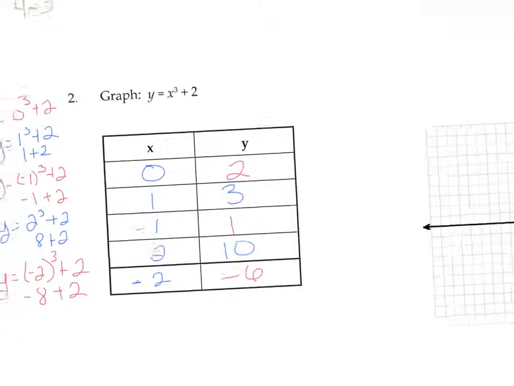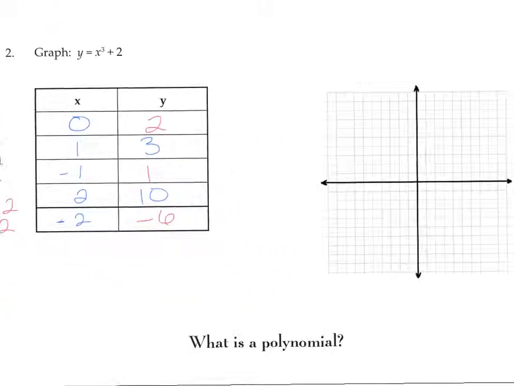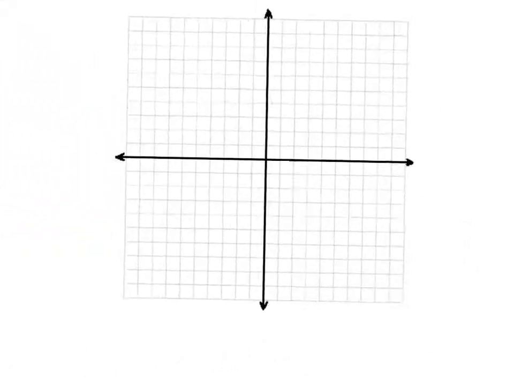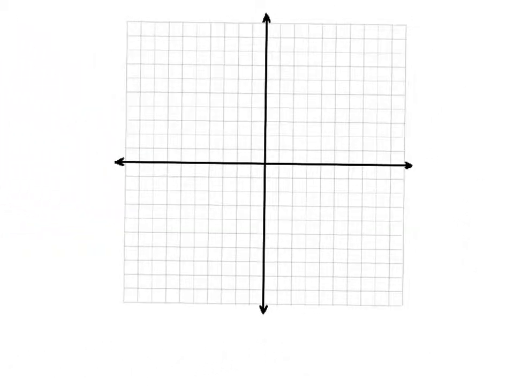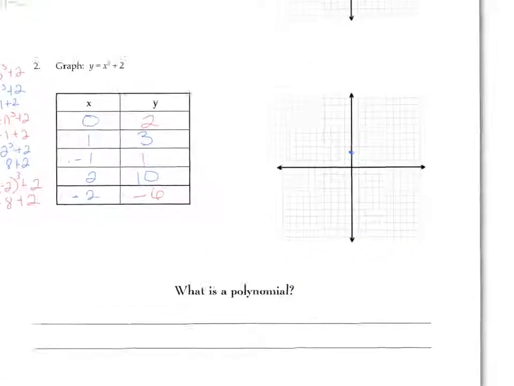Okay, so again, I don't want to make you guys nauseous, but the only way for me to graph these is to enlarge and reduce. The first ordered pair is 0, 2. So 0, 2 is here. The second ordered pair is 1, 3.